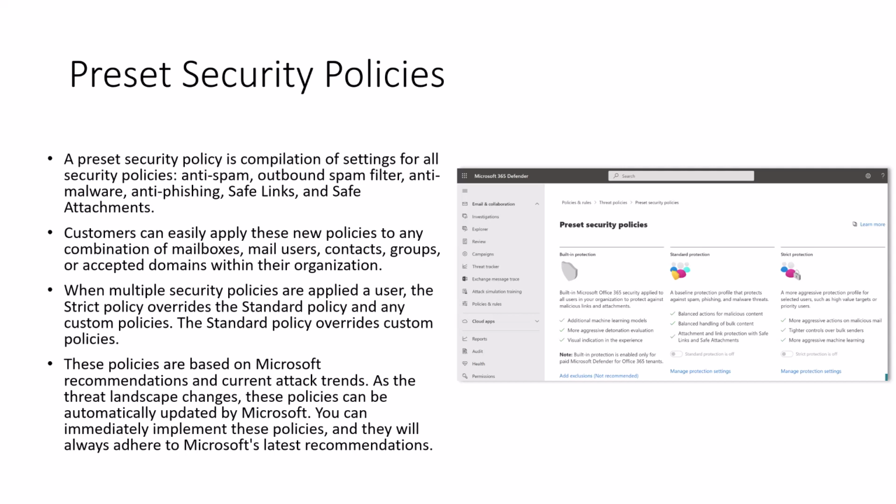So in terms of trying to make a more strict protection, an aggressive profile for selected users, like high value target or priority users within your organization, we can actually enable this strict protection policy within the preset security policies, and then add those high value target users into this profile, and then they will be protected by this new policy.